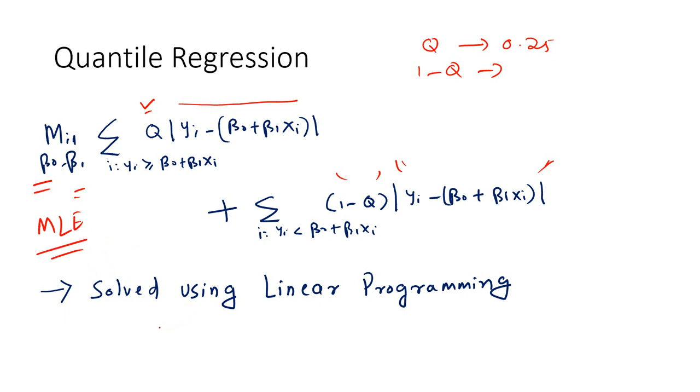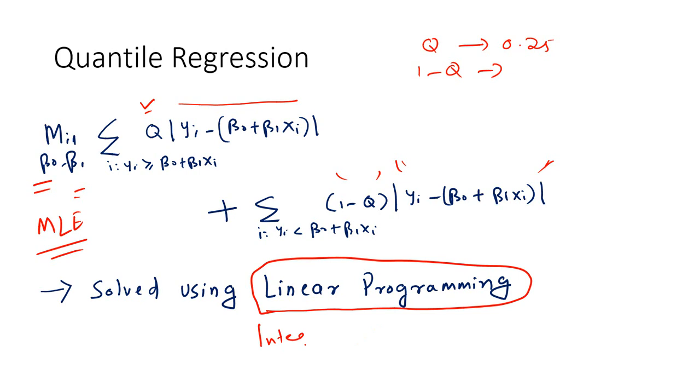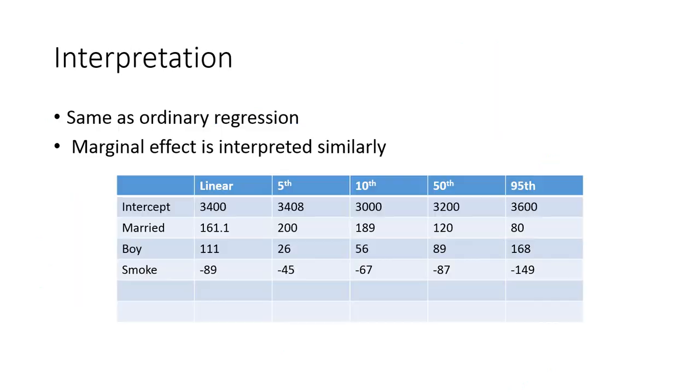One can estimate the coefficients for quantile regression by using linear programming, such as an interior point algorithm or some sort of simplex algorithm, to find the coefficients beta naught and beta 1.